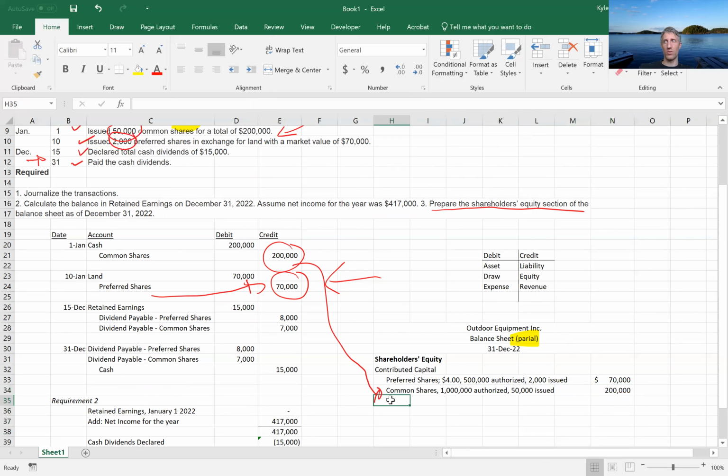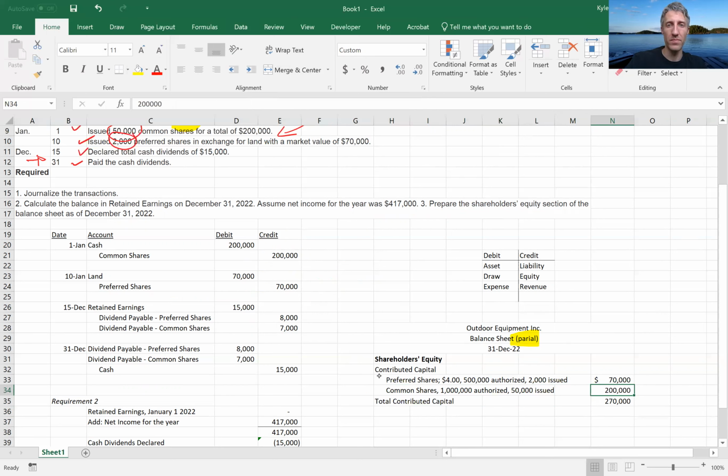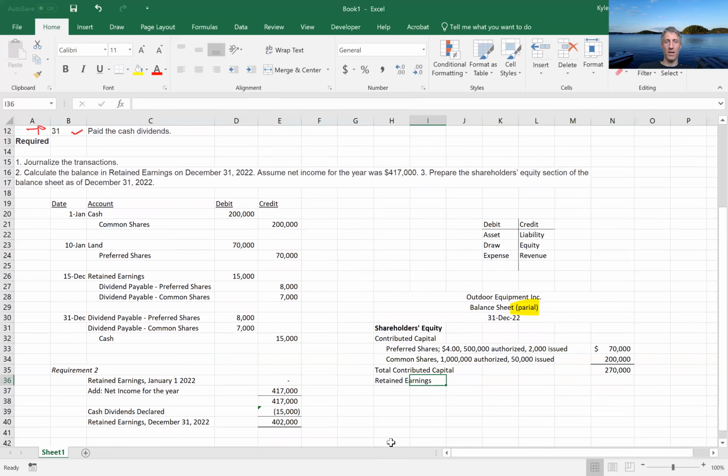This is our total contributed capital. For preferred shares plus common shares, 270,000. I'm just going to clear some markup so that we can see better what we're doing. But this isn't all that's in equity, right? We have retained earnings, which are also a component of equity. Retained earnings we calculated below was 402,000.